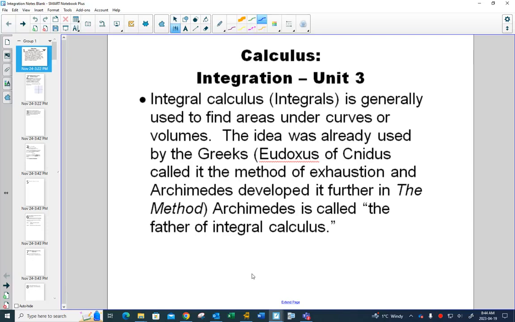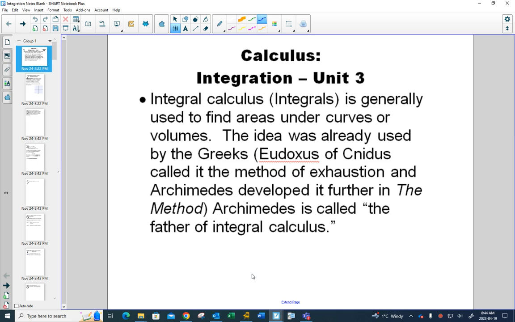Now, integral calculus is actually older than derivative calculus, even though, as I mentioned before, a lot of it is undoing derivatives. But the invention of it, or the thought of it, actually came before derivatives.